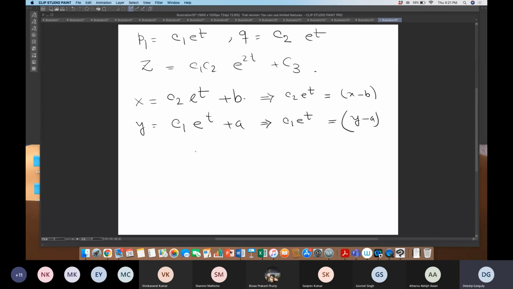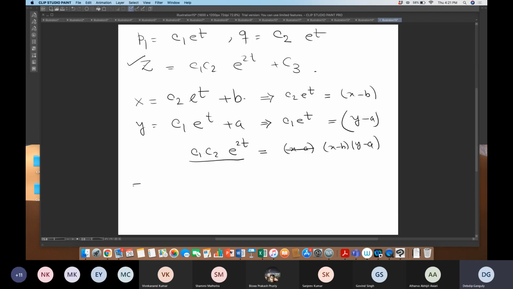So now multiply these two equations. C1 C2 e to the power 2t is equal to x minus b into y minus a. And what is C1 C2 e to the power 2t? Can anyone guess what this is?